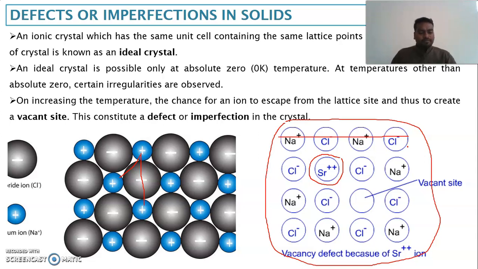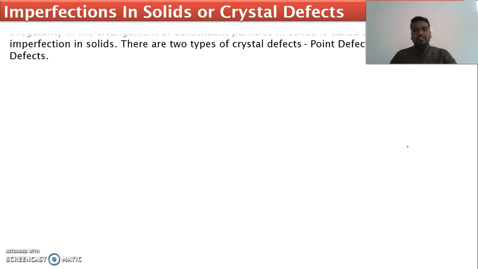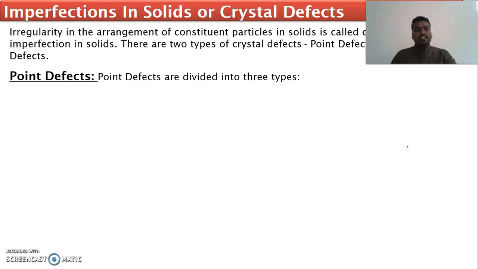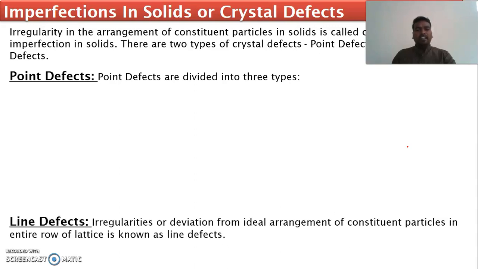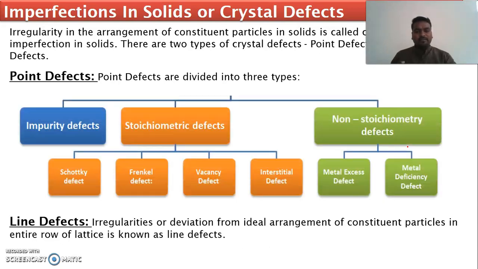Based on the nature of the defect, the crystalline defects are classified into two types: point defect and line defect. Point defect means the defect takes place either when an atom is replaced by another atom, or an atom occupies an interstitial position.